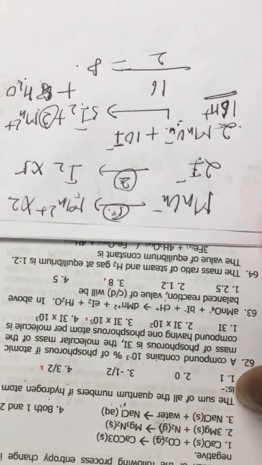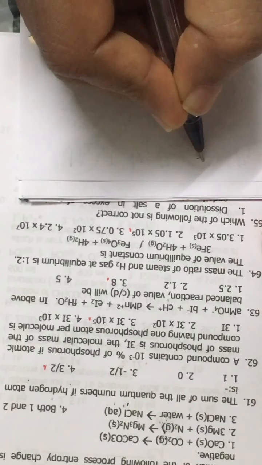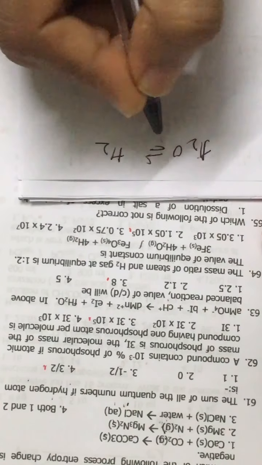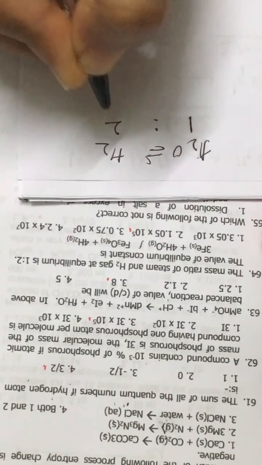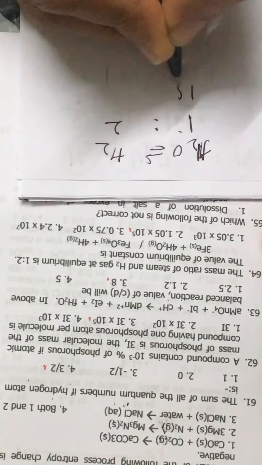Next question, question number 64. The mass ratio of steam and hydrogen at equilibrium is 1:2. So what is the value of the equilibrium constant? This is H2O and hydrogen, 1:2 in mass ratio. Suppose the mass of H2O is 18.